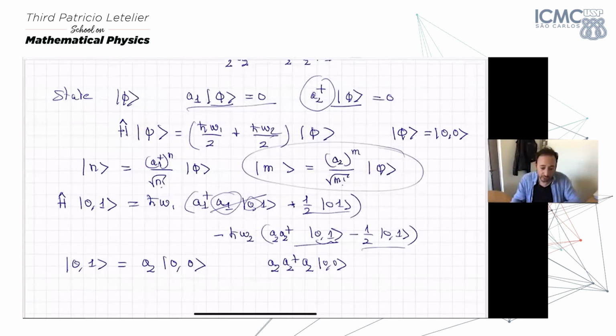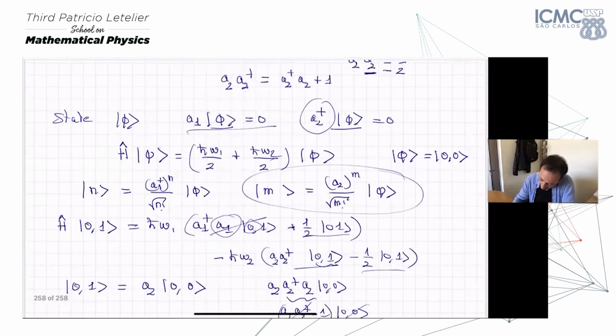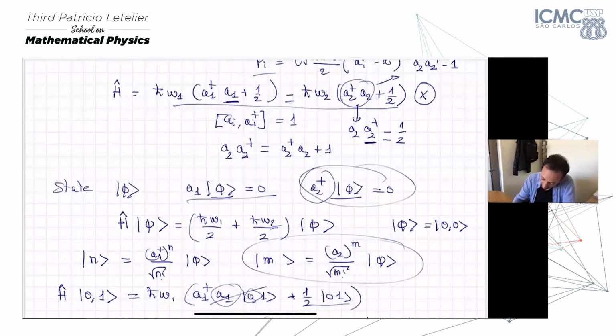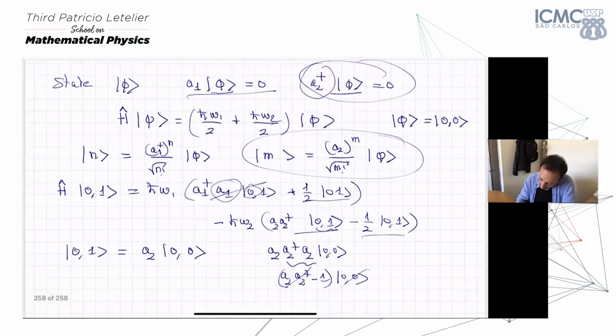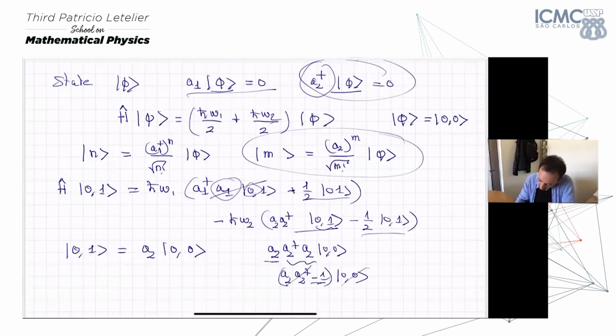So doing the commutation again, the A2 DAG A2 will give me an A2 DAG minus 1 acting on 0, 0, but the A2 DAG gives 0 on the definition of our vacuum. So you get just minus A2, and minus A2 is minus 0, 1. Fine.